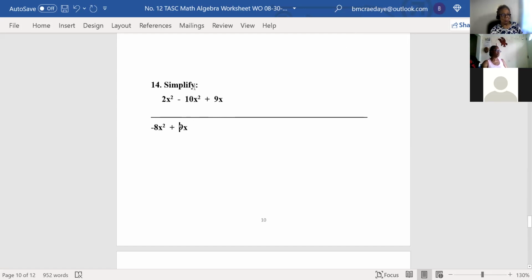So 2 from 10 is 8, negative because you have more negative than positive. And 9x didn't have anything to combine with, so it's just 9x. So that's your answer, minus 8x squared plus 9x.